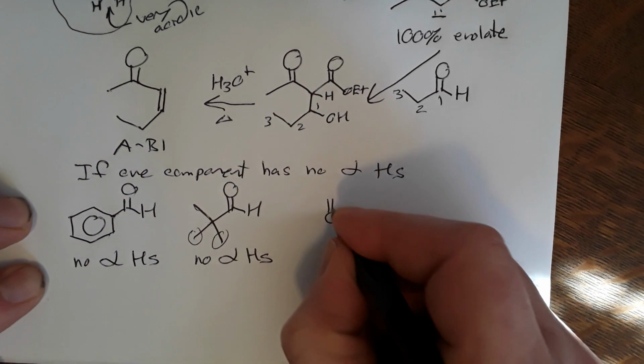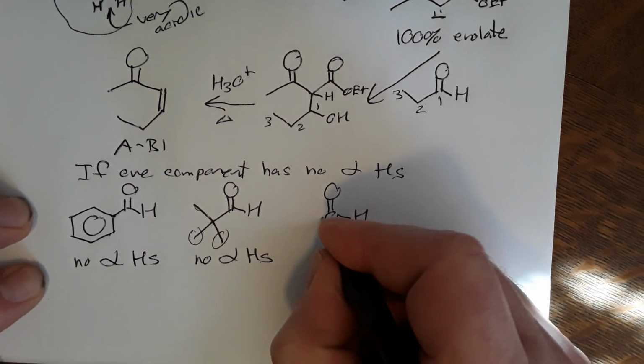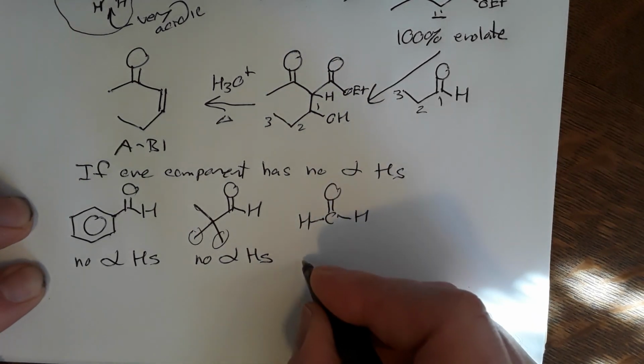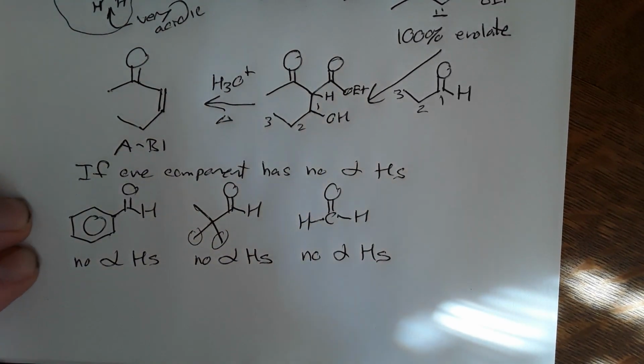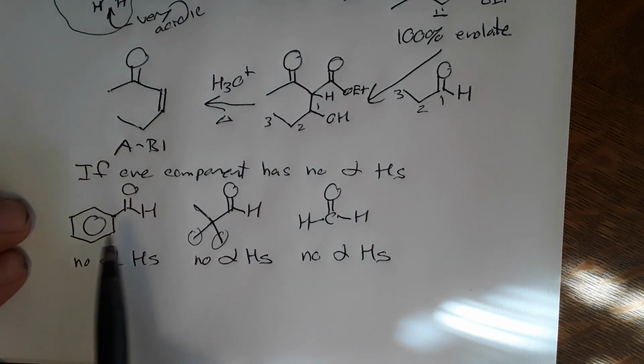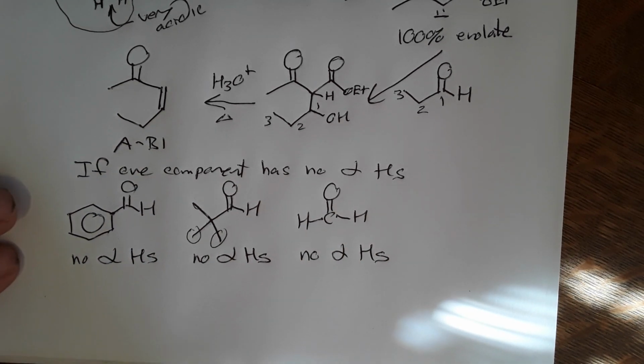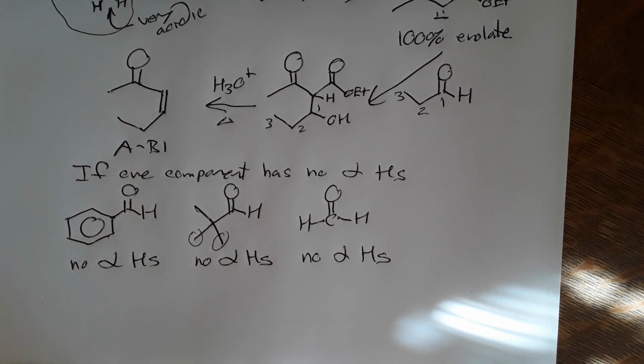And here's a simple aldehyde that you know has no alpha hydrogens, formaldehyde. So if one of the components has alpha hydrogens and the other component has no alpha hydrogens, then you could do a mixed aldol reaction and get only a single product.